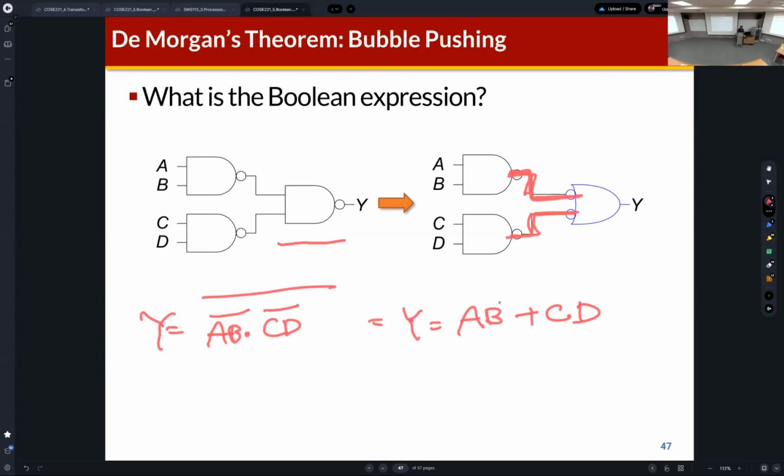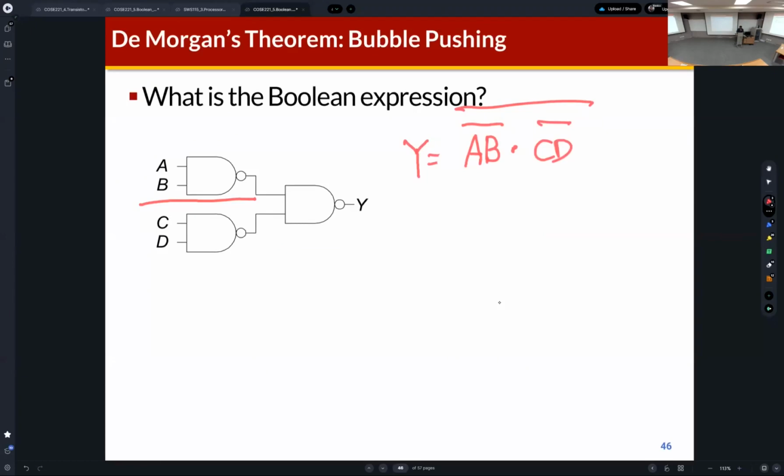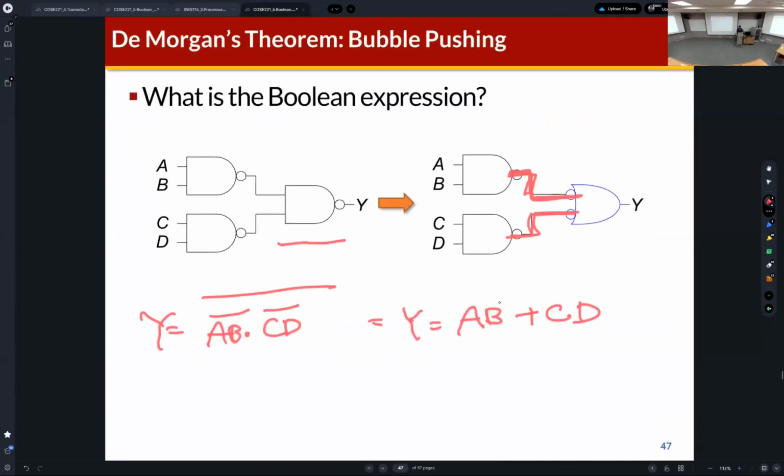So we can explain the De Morgan theorem as bubble pushing. You can push the bubble at the output of an AND or OR gate into its inputs, and then the gate changes, and also vice versa. By applying the De Morgan theorem, we can rewrite the Boolean equations like this.